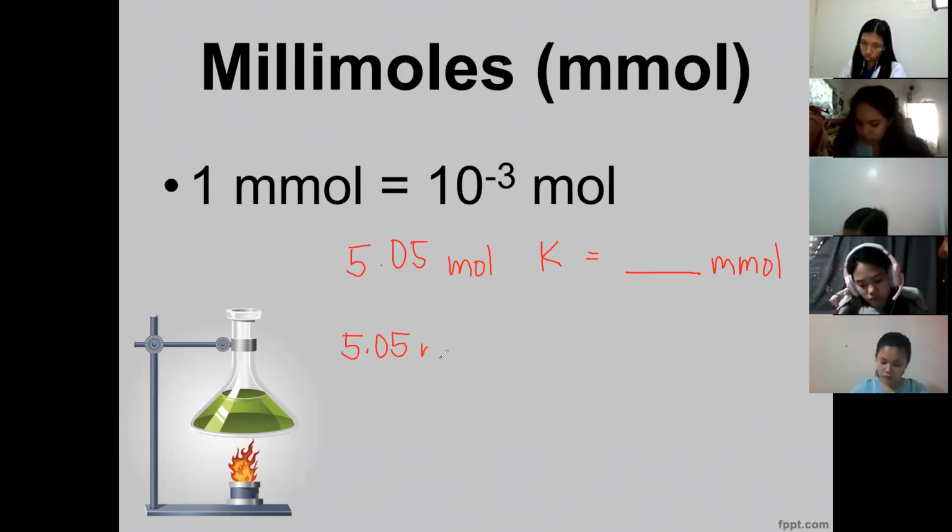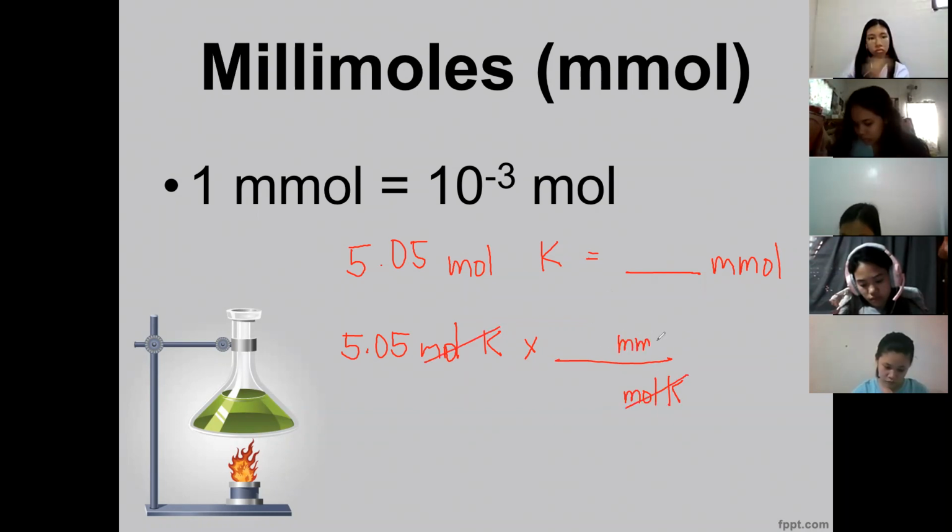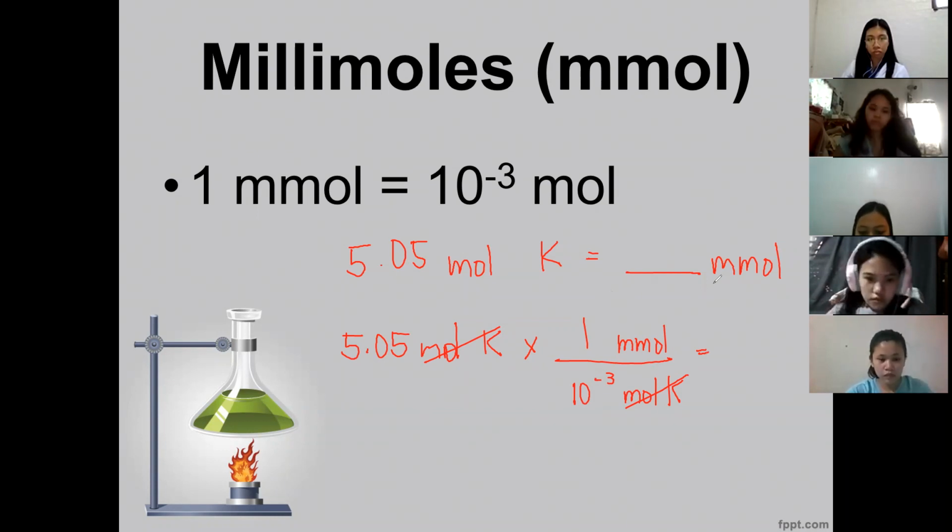Again, we have here the given 5.05 moles of K of potassium, and then multiply. Again, sa baba yung mole para makancel natin siya. Therefore, sa taas, si millimole. And then again, our conversion factor, 10 raised to the power of -3, and then 1 millimole sa taas. What's your answer? 5,050.